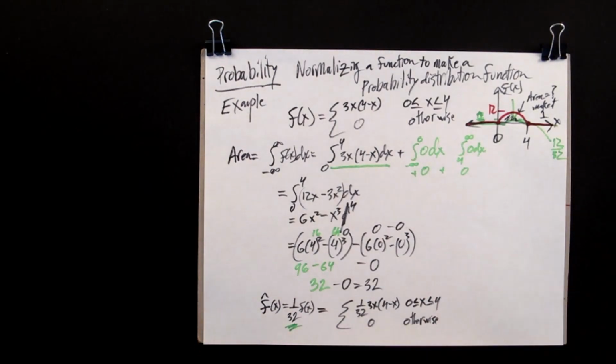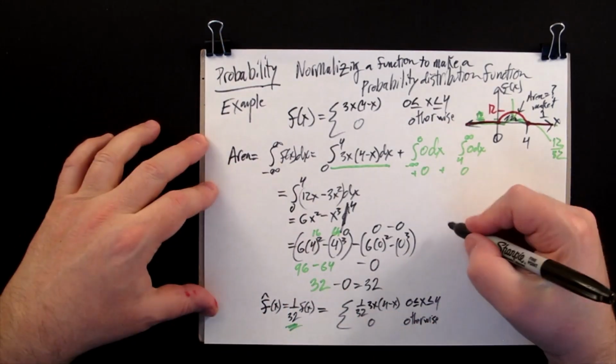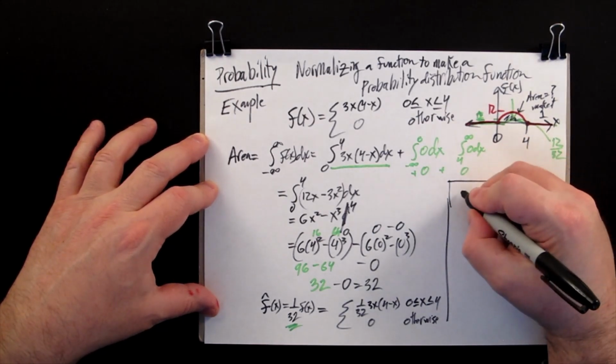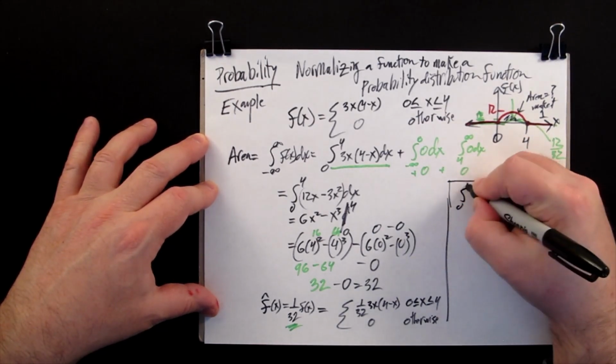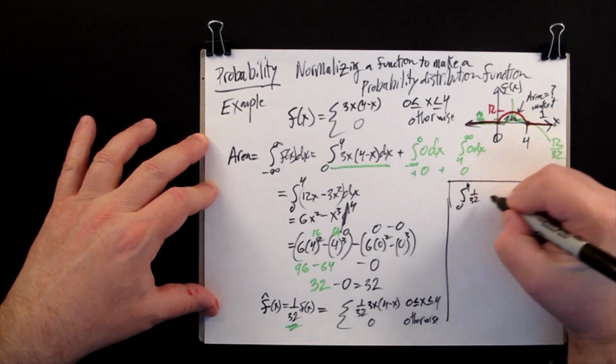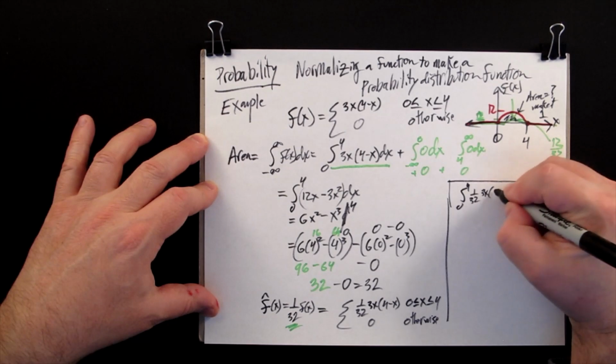Just to show that this is in fact a probability distribution, I'm going to integrate this function and show you. So what is the integral from 0 to 4? Again, the pieces outside of it are still going to be 0, so we want to see what this ends up being.